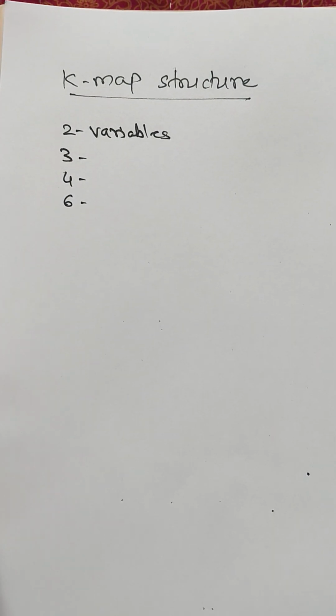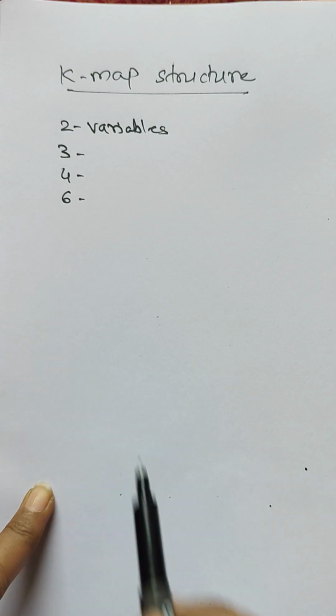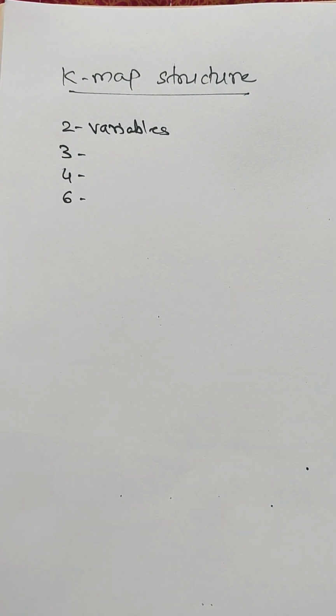As we have seen two variables A and B, in a similar way we can move to three variables A B C, or four variables A B C D, up to 5 or 6 variables. But if we move to more than 6 variables, it again becomes a complicated job. So up to 6 variables we can easily simplify Boolean expressions using the K-map structure.